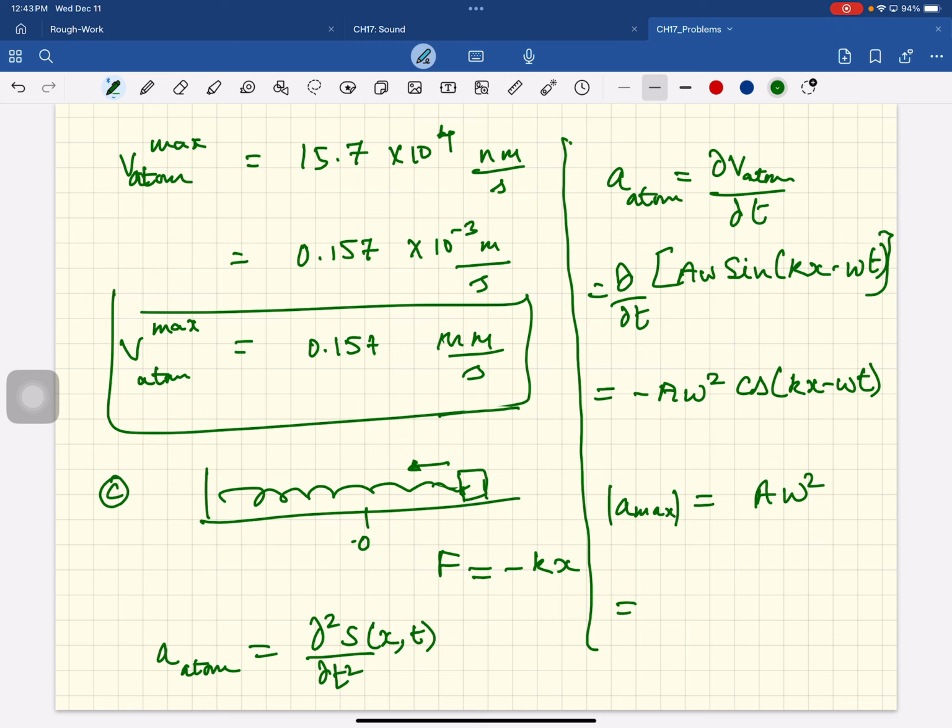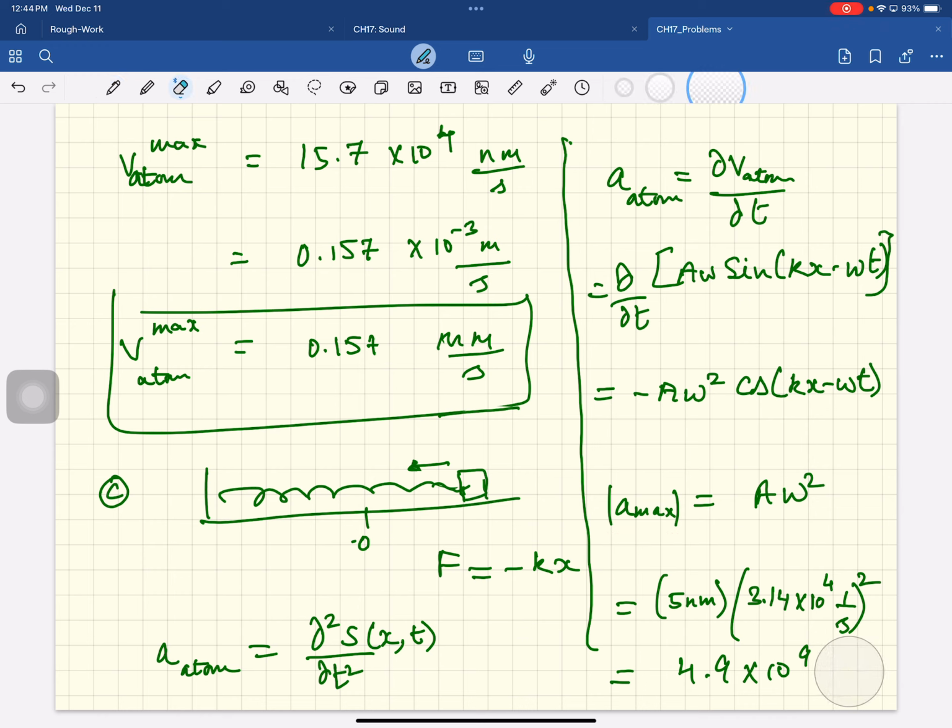So again, a is 5 nanometers, and omega is 3.14 times 10 to the 4 per second, squared. That gives 4.9 times 10 to the 9 nanometers per second squared.